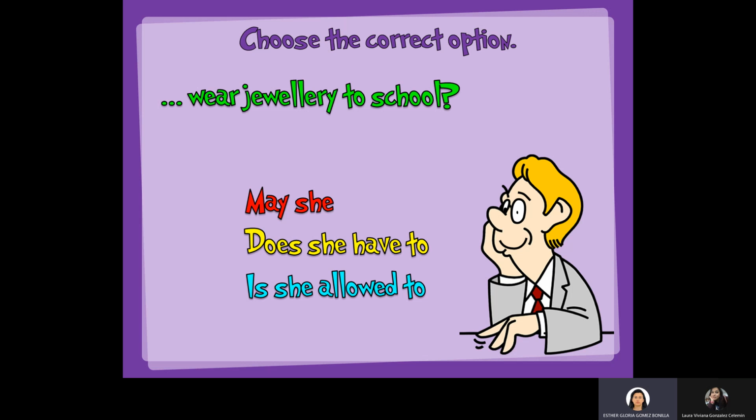May I sit down here? It's when you are asking for permission. Remember that may is for offering, for giving permissions, for something that is possible in the present. But here you have something different.